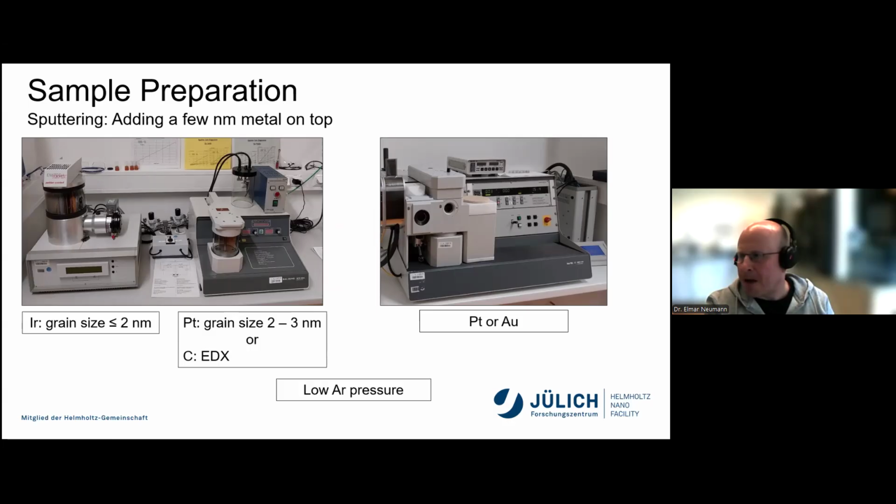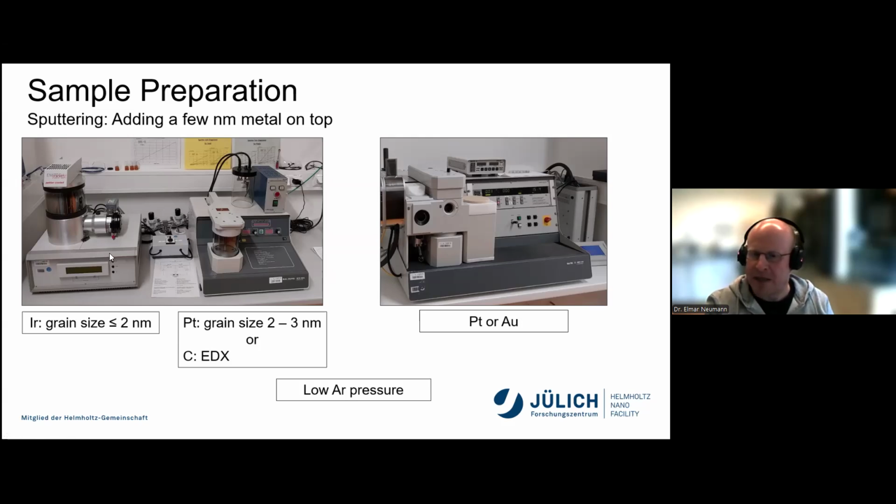Remember that your materials, your polymers, cells, and things like this tend to be damaged in an electron beam simply because of the heat. So this may also minimize this effect a bit.